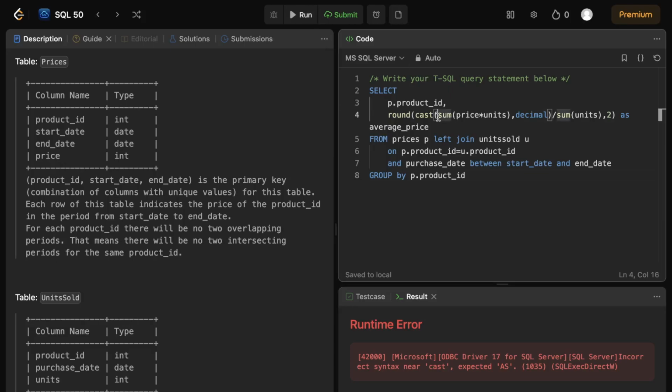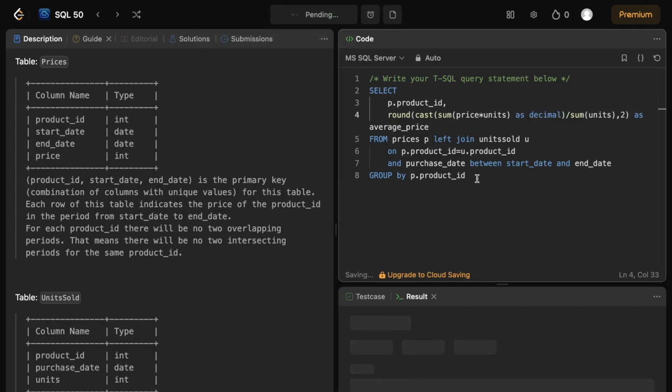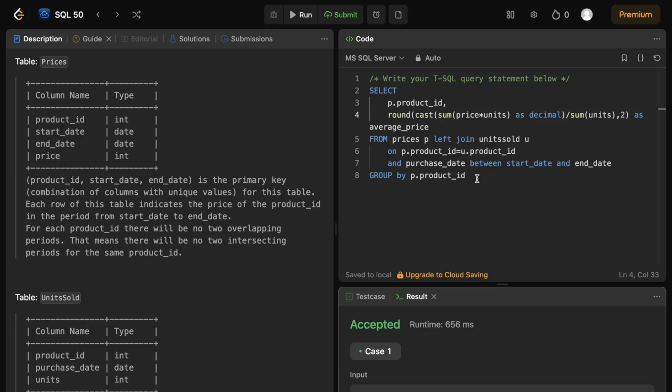Okay, I did not mention cast this as decimal. I did comma as decimal, it should be as decimal. Okay, so our solution has been accepted.